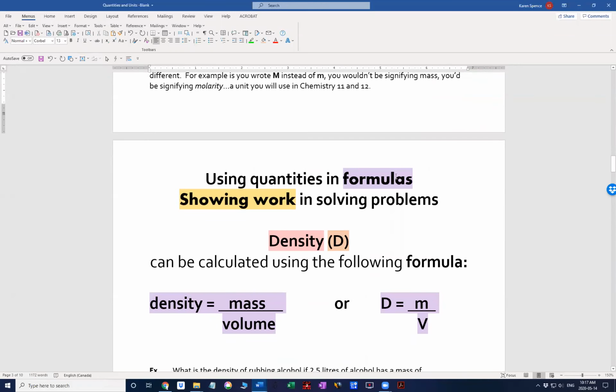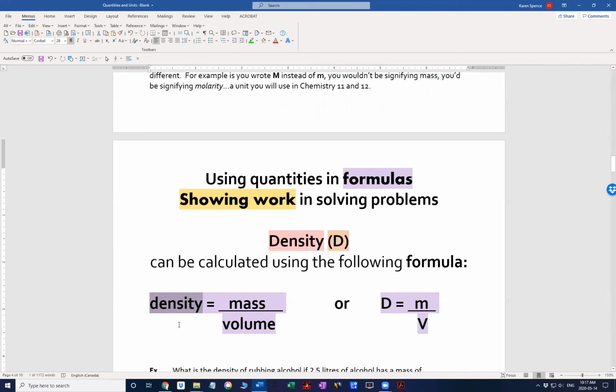We are back to looking at a formula. So we're going to do a formula that this time relates mass and volume to find the density. Okay, density is if you have the same amount of one substance and the same amount of a different substance, one of them is going to be more dense than the other. One is going to have more mass per the same amount of space.